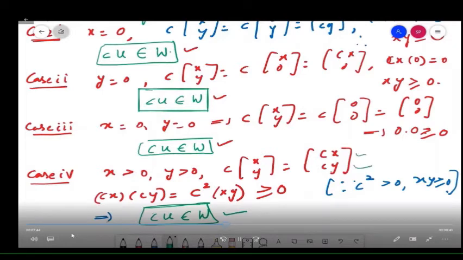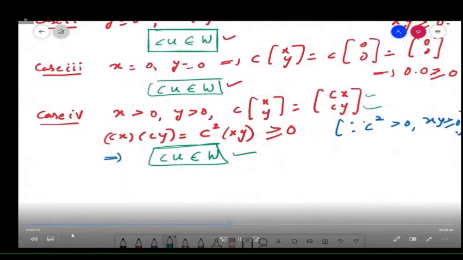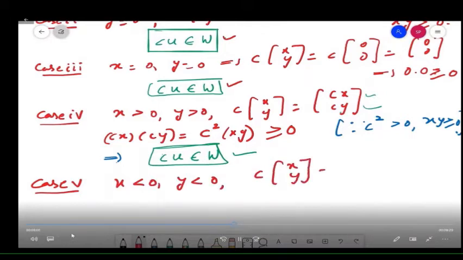Now let us go for the next case. Case 5. So what is case 5? X less than 0, y less than 0. Then c into (x, y) is equal to (cx, cy). Then cx into cy, the product of these two components.